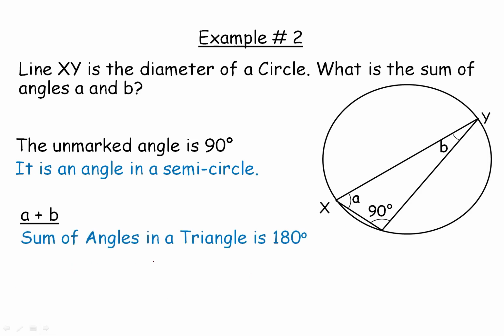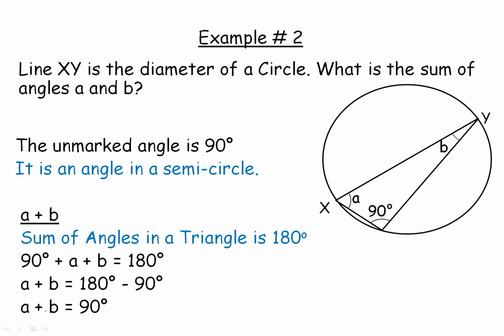We are to find the sum of A and B, so we just transpose the 90 degrees. A plus B becomes 180 degrees minus 90 degrees, so A plus B is 90 degrees.